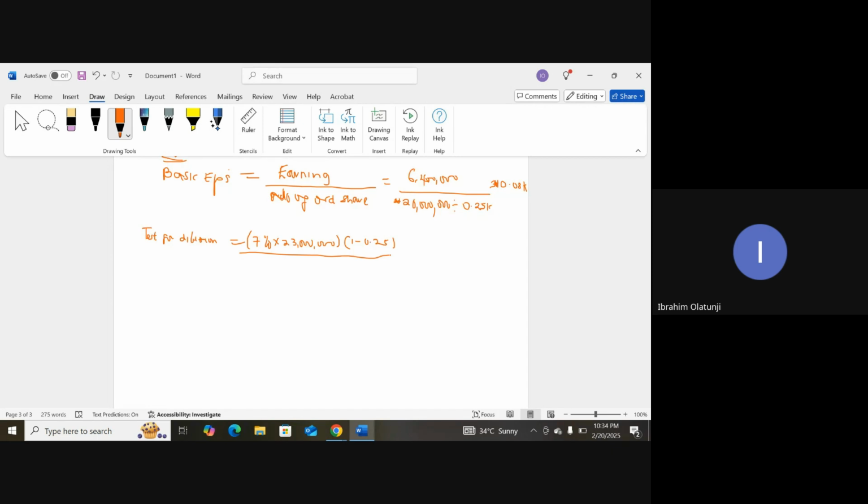The number of ordinary shares will be 40 million, the exchange for the convertible loan stock.